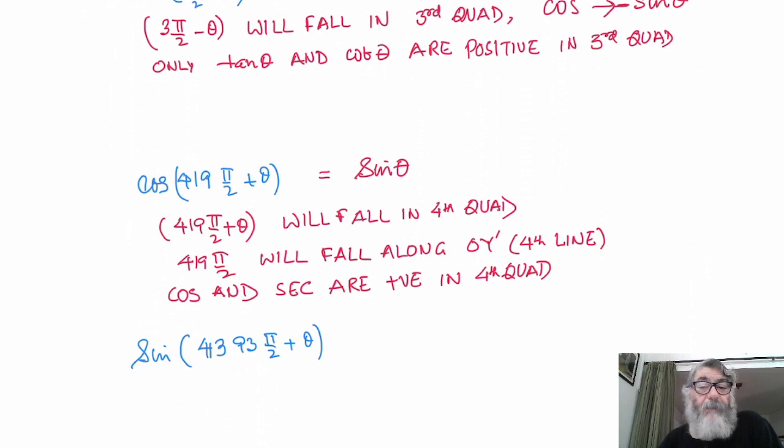Now 41393 pi by 2 plus theta. First of all, we have to decide where it is going to fall. Take the last two digits of the number and divide by 4. 93 divided by 4: 4 twos are 8 and 4 threes are 12, so it will give you remainder 1.